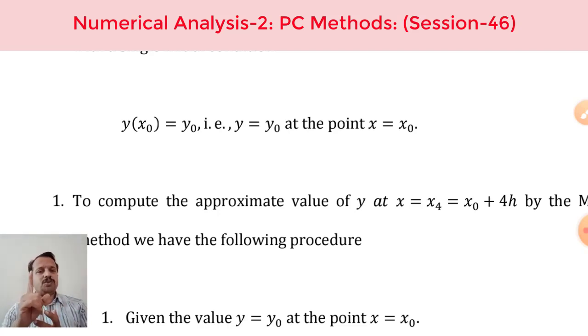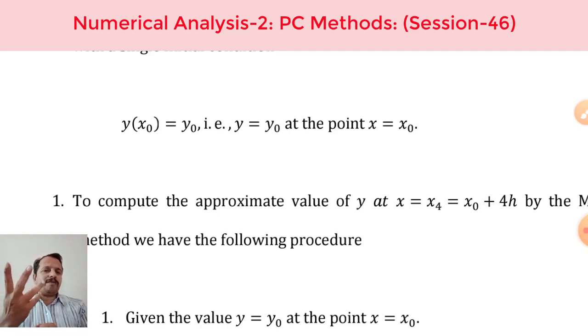So first, understand that the Milne predictor corrector method is also a 4-step method, because it requires 4 starting values to use in the predictor formula as well as in the corrector formula. So it is a 4-step formula. 4 starting values are required.